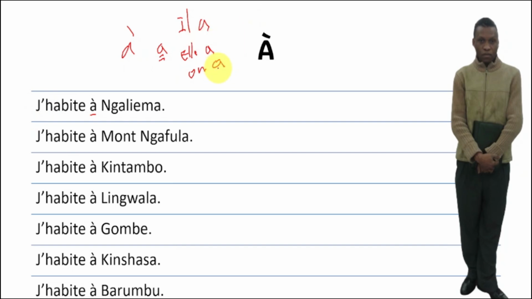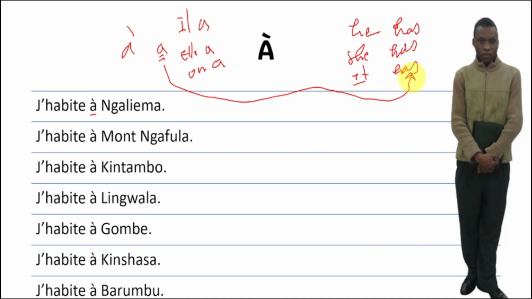It's like when you say he has, she has, it has. This a is the one I'm talking about. But this one is a preposition. It's different. Okay? So, j'habite à Ngaliema.